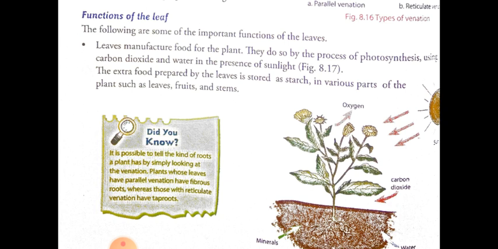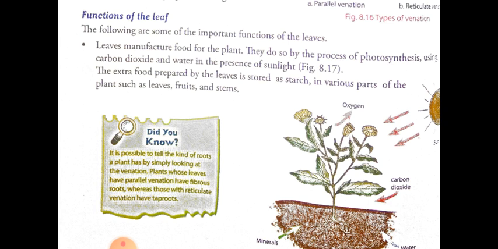The extra food prepared by the leaves, whatever remains after utilization, is stored as starch in various parts of the plant, such as stems, leaves, roots, fruits and so on.